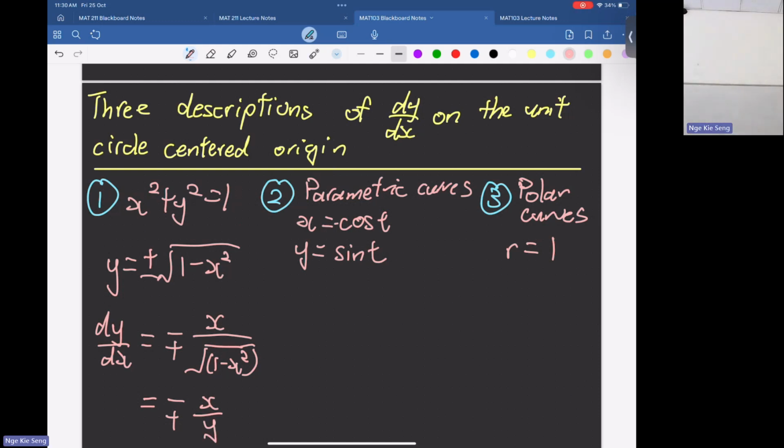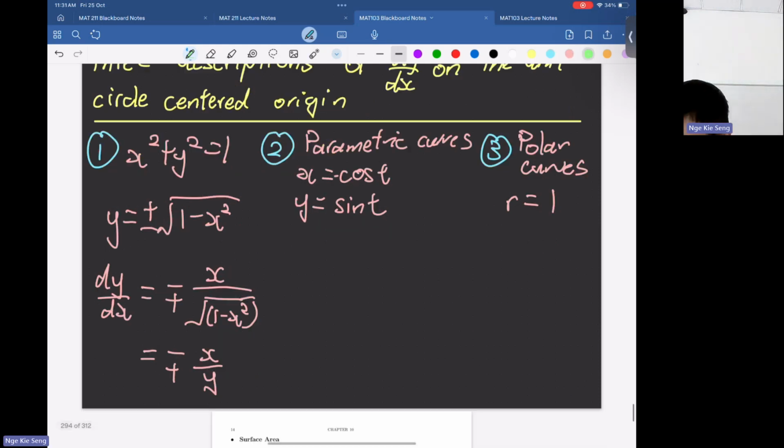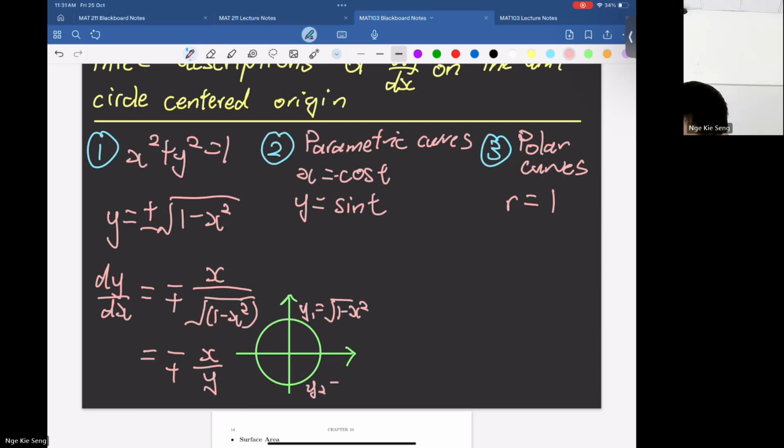So why do I put a minus plus here? Because I'm referring to two equations here. So in the picture, what does it mean? Let me draw the picture. Basically, I split this circle into a top part and a bottom part, and then I do dy dx on these two parts.